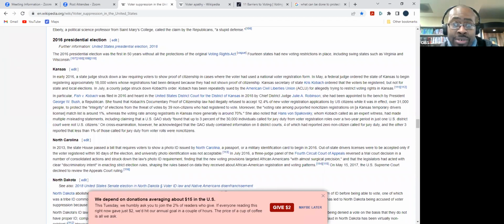In May, a federal judge ordered the state of Kansas to begin registering approximately 18,000 voters whose registrations had been delayed because they had not shown proof of citizenship.